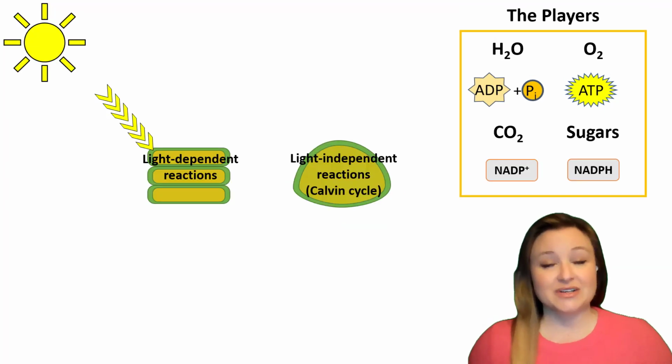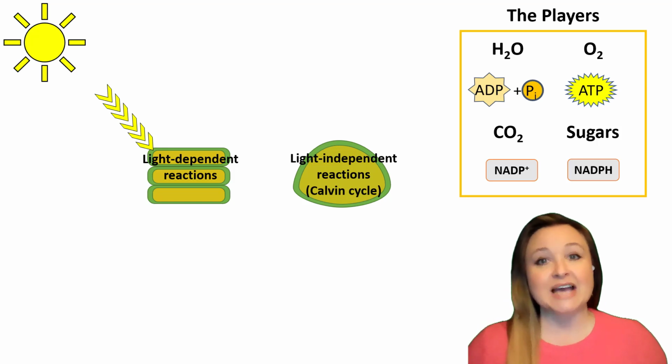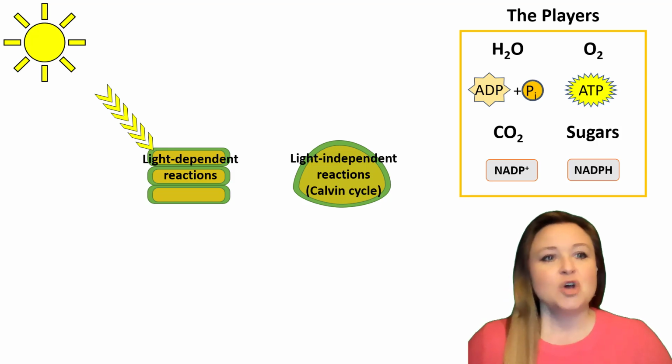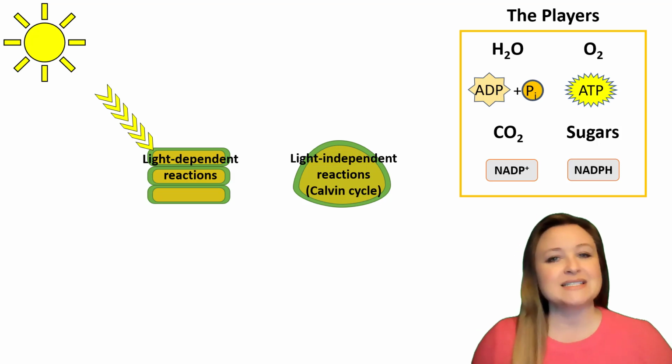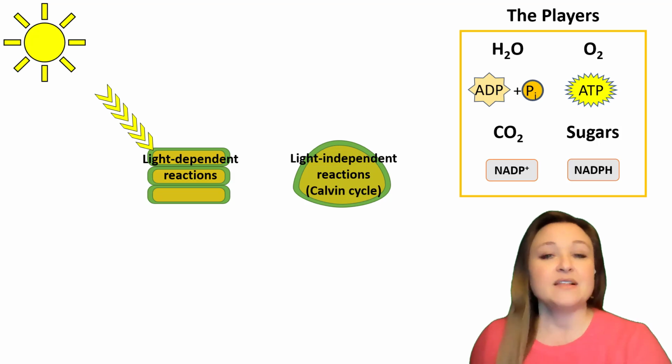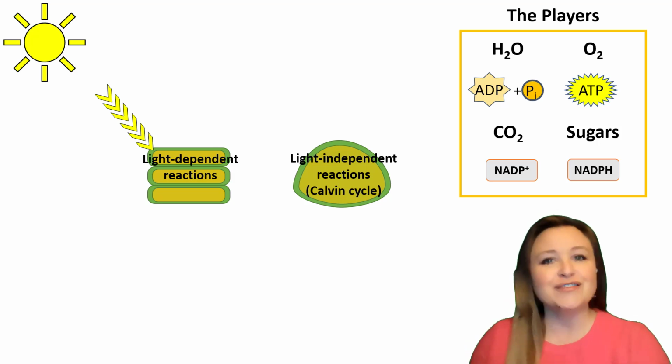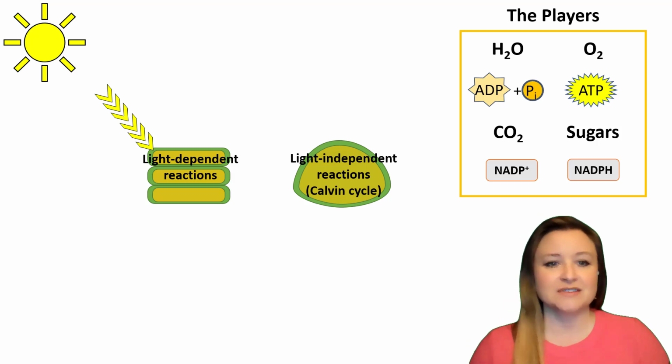So now that we have a reminder of how NADP plus and NADPH work as electron carrier molecules, let's talk about the players of photosynthesis and how they're involved in the light-dependent reactions or the Calvin cycle. We have sunlight, which is very important because sunlight contains packets of energy called photons, and the light-dependent reactions are going to harvest that energy from the photons of light.